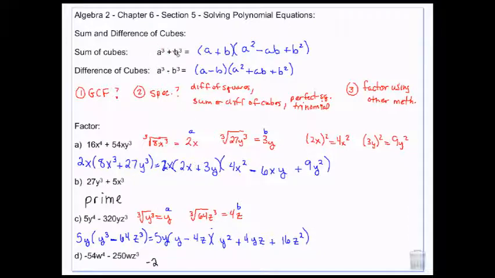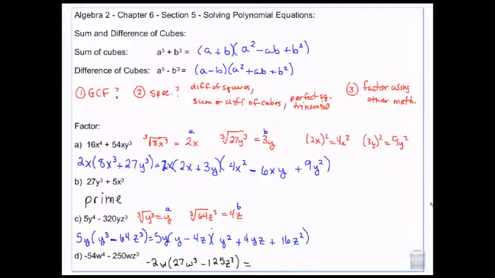That doesn't exist. And I can take out this w, and I'm left with 27 w to the third minus 125 z to the third. Now 27 and 125 don't have anything else in common, so that 2 was the most I could take out.